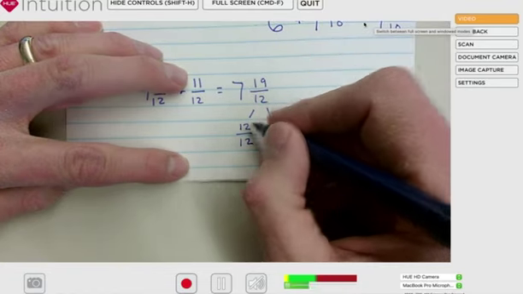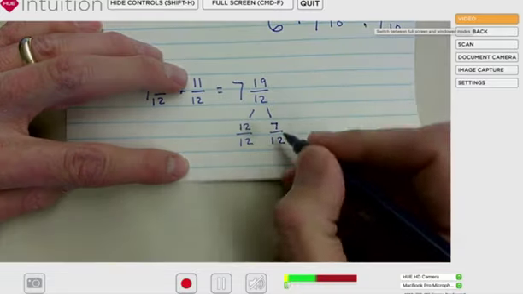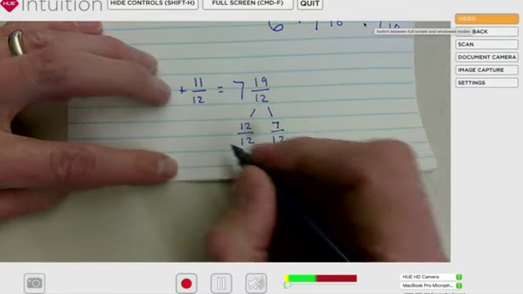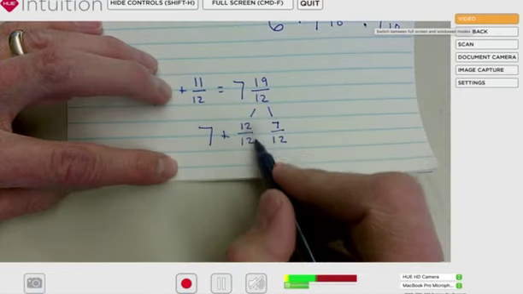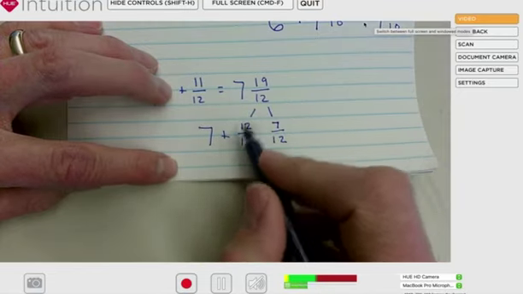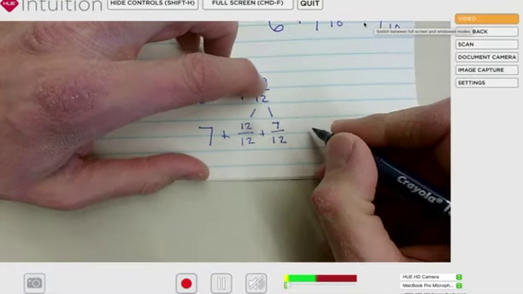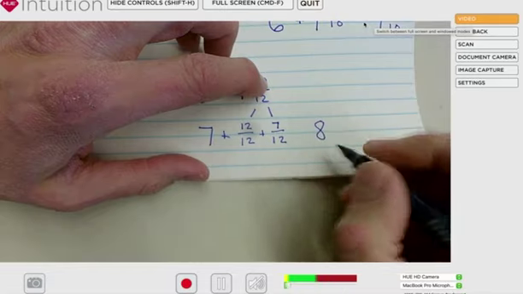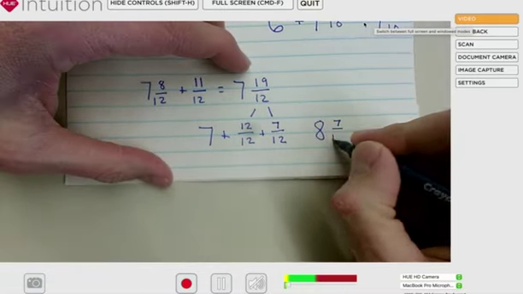And 19 minus 12 is 7. That's how we figure out the leftover bits. That is a regular proper fraction. So 7 plus what is essentially 1, I could have rewritten this as 1 if I wanted to, plus 7 twelfths is 8, because 7 plus 1 and 7 twelfths.